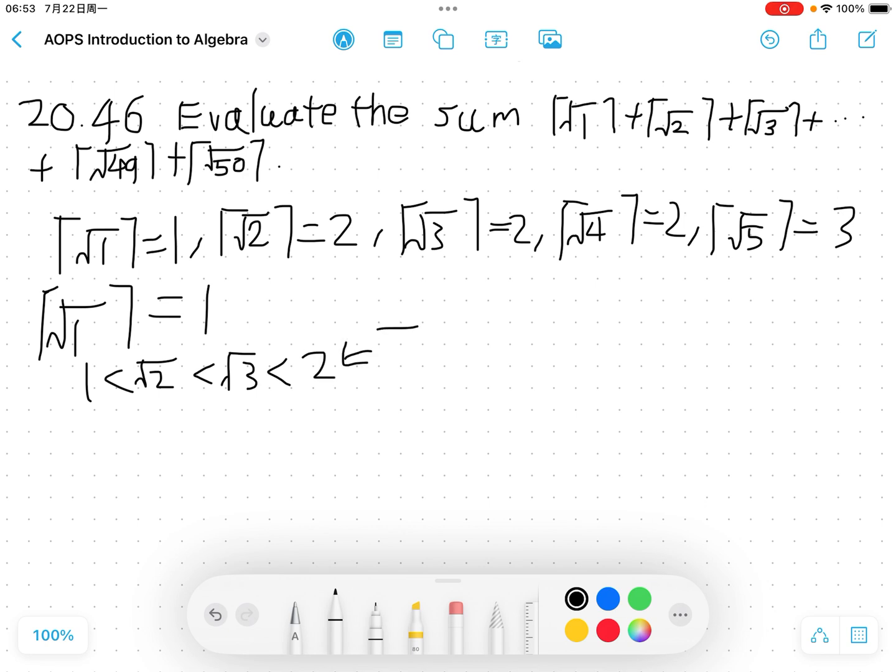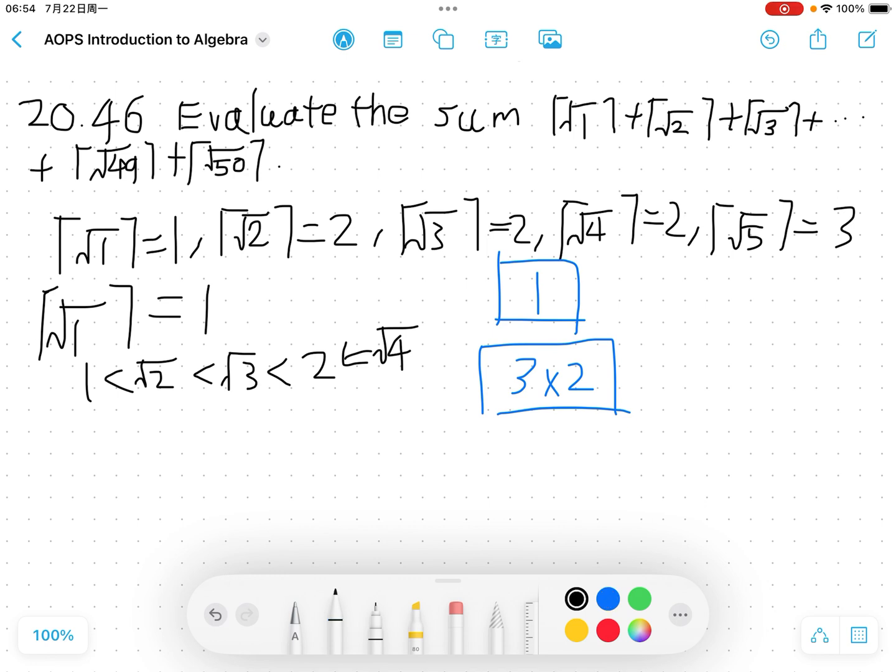That's just square root 4. So the ceiling functions of root 2, root 3, root 4 are all 2. So there are three functions with a result of 2. I'll write that down: 3 times 2, and here is 1.